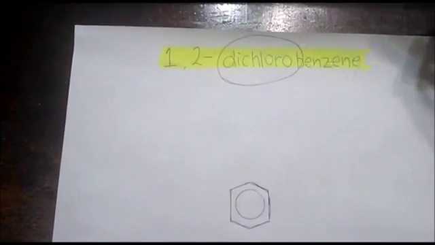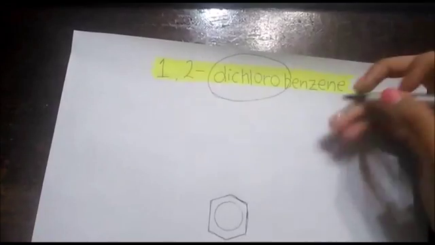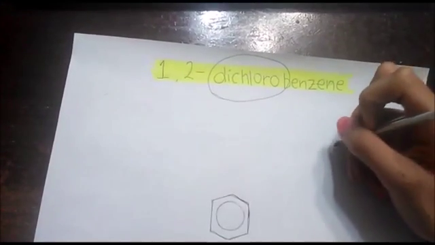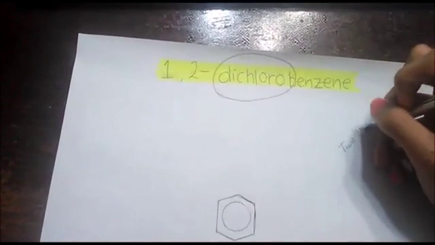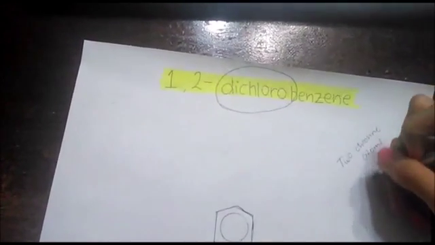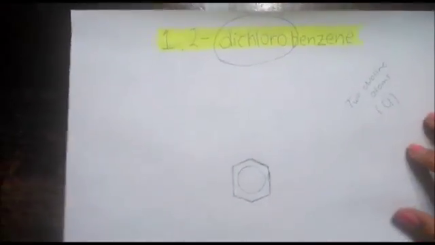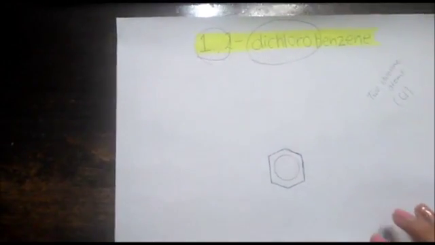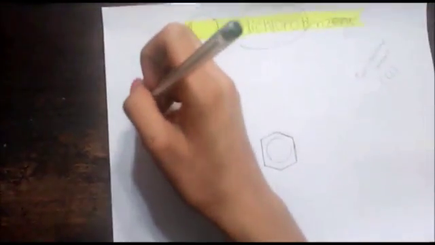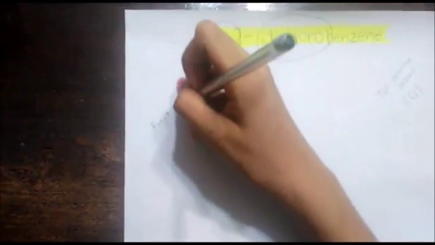This tells us that there are 2 chlorine atoms, which is this. And this is telling us where they are placed. It's telling us they're placed in the first and second position.